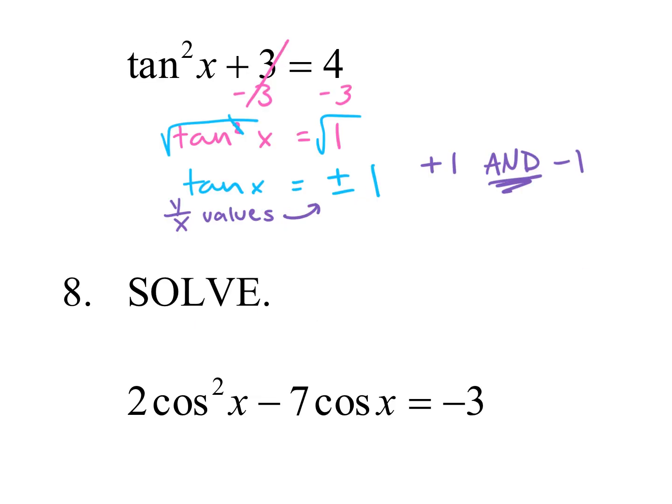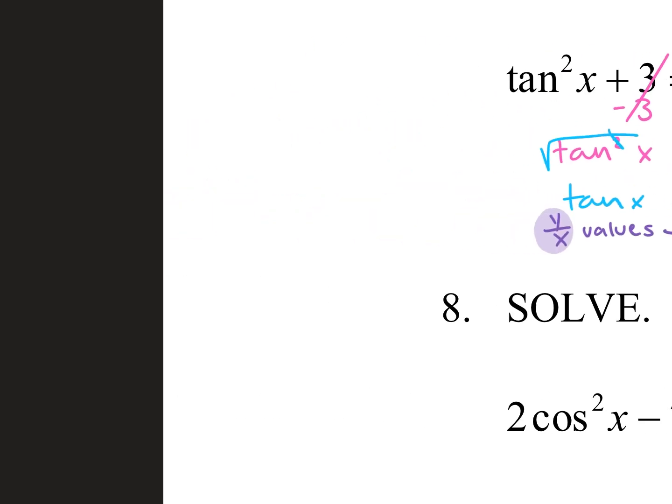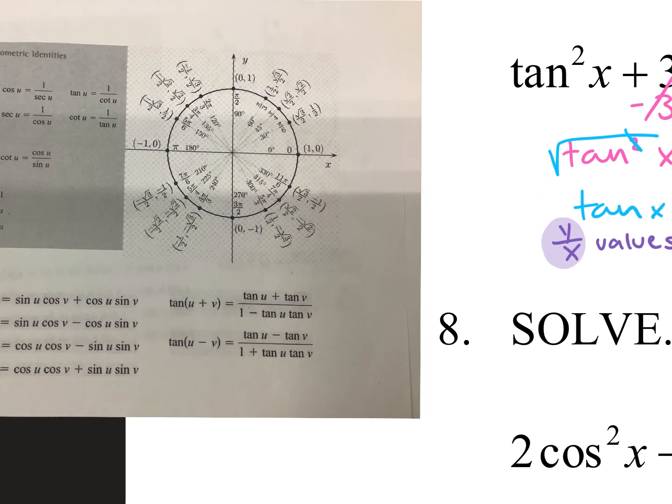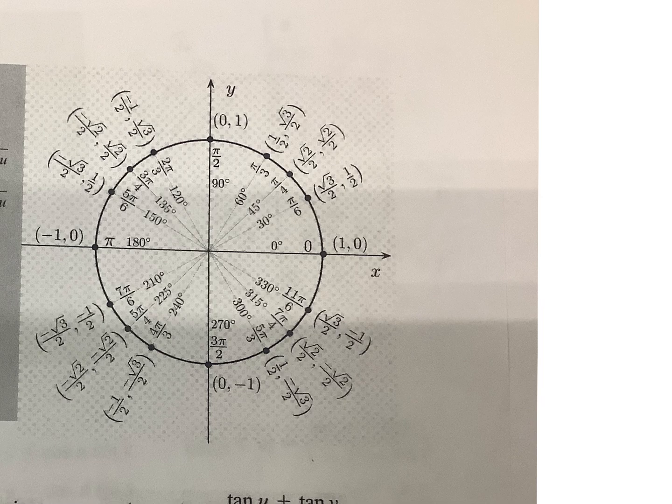So next we need to look at our unit circle, figure out where our y over x values are +1 and -1. So going to our unit circle, if we figured out what y over x is for all of these, so for our first 3 in the first quadrant, we would see that for pi over 4, we would get square root 2 over 2 over square root 2 over 2, which would give us 1.